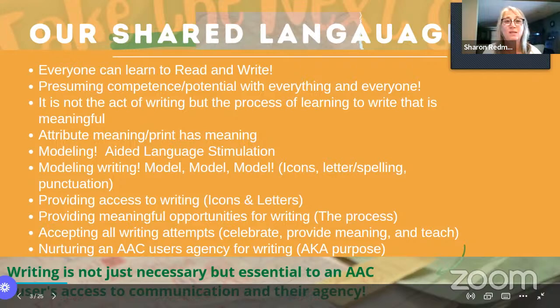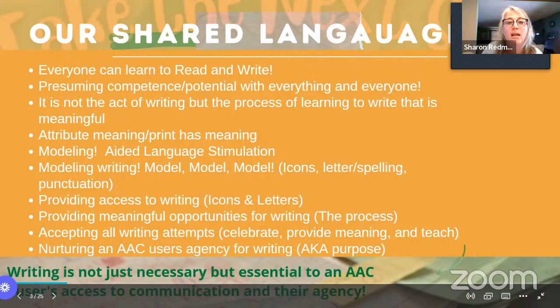So we are moving forward and we're going to have this language together. When you're in this presentation, you're thinking about your own students, also think about this: everyone can learn to read and write, everyone. We presume this potential, we presume this confidence with everyone and everything. We also need to understand that I'm not going to be talking about the act of writing, the handwriting.